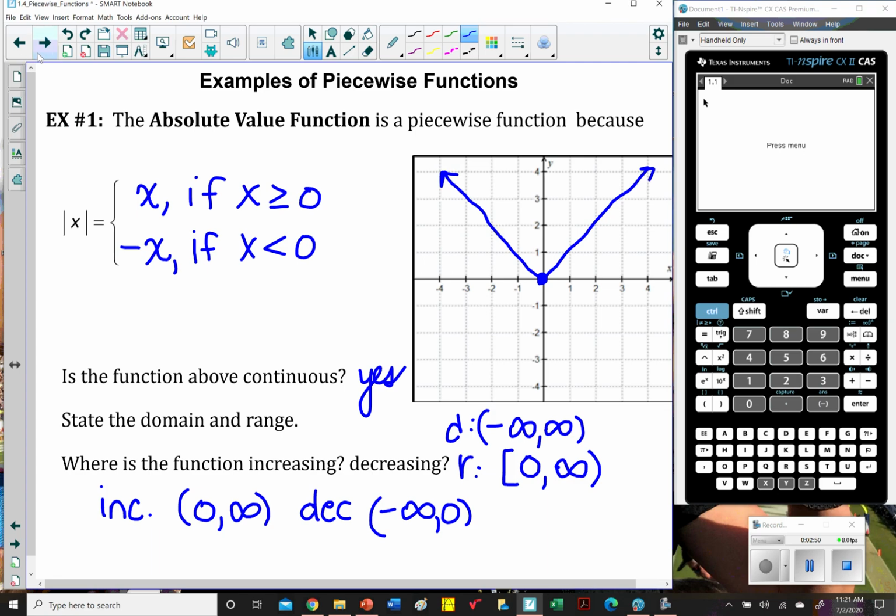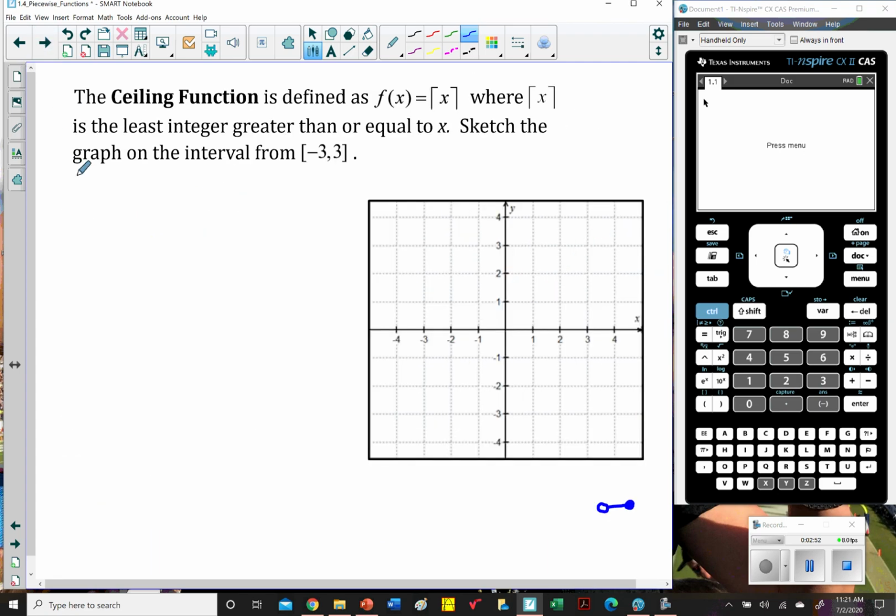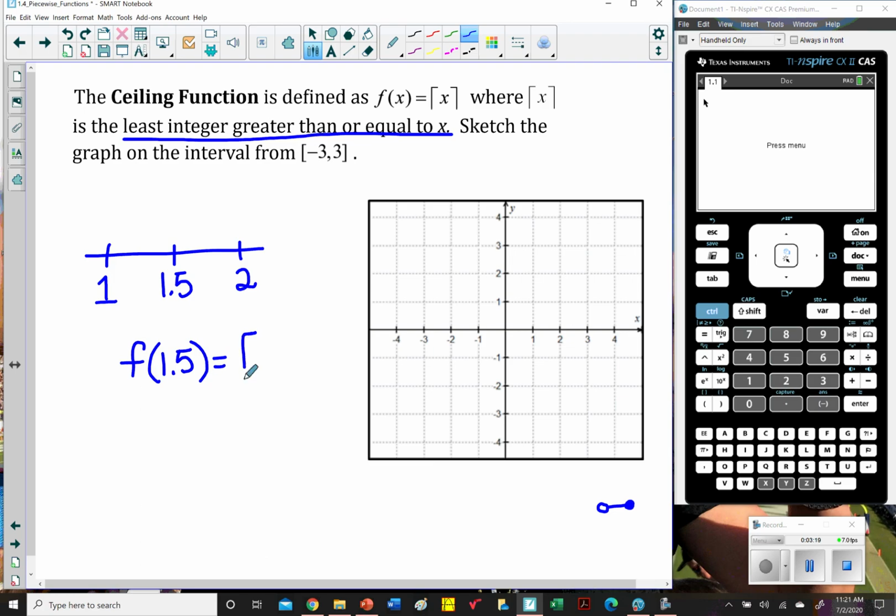Here are 2 more famous piecewise functions. You may or may not have seen them. The ceiling function is represented by this type of notation, and it means we want the least integer greater than or equal to x. So if you think about that from a perspective of starting at 1 and going to 2, and we want the function value on the ceiling function at 1.5.